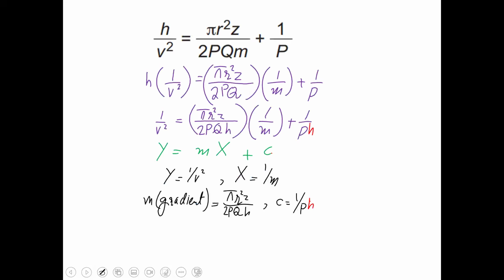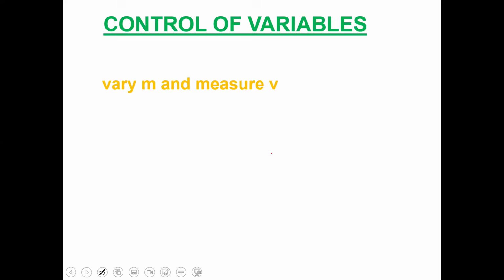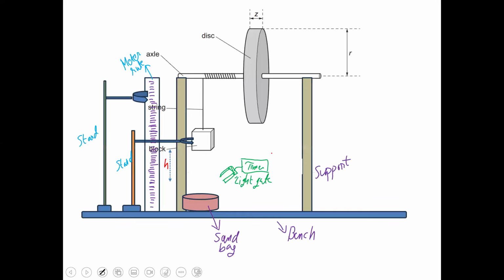You can go for 3 plus 3. Whenever you're looking for precautions, always go to the diagram and look for the precaution from there. It's a block. So a sandbag is there, because if the string breaks or the block goes up, eventually it will reach the ground. So we should put it on a bench, and a bag is there to catch the block.